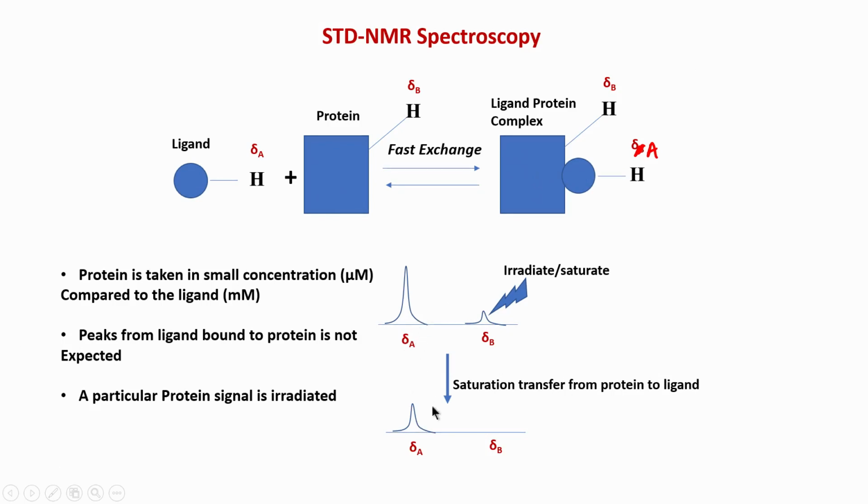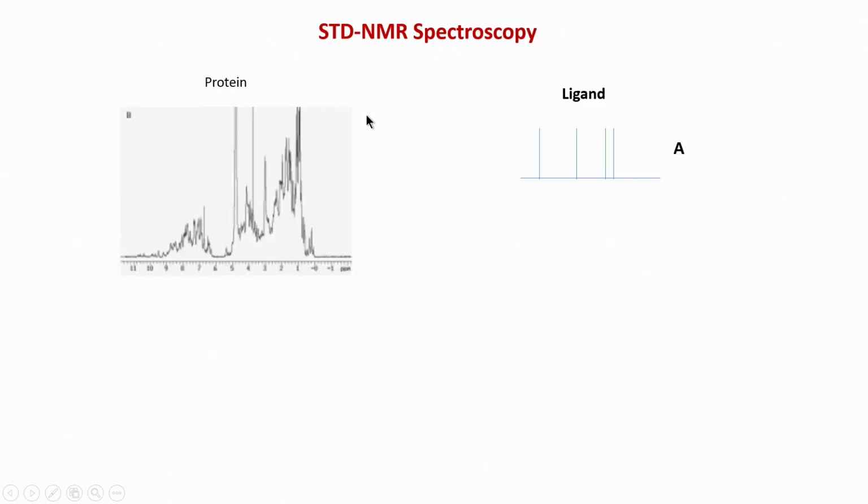But if when I subtract I see a difference before and after irradiation, it will immediately mean that there is some interaction, because of which this change has happened. So, this is why we take the difference of the 1D spectrum before and after irradiation, and therefore, that is called saturation transfer difference spectroscopy, STD-NMR.